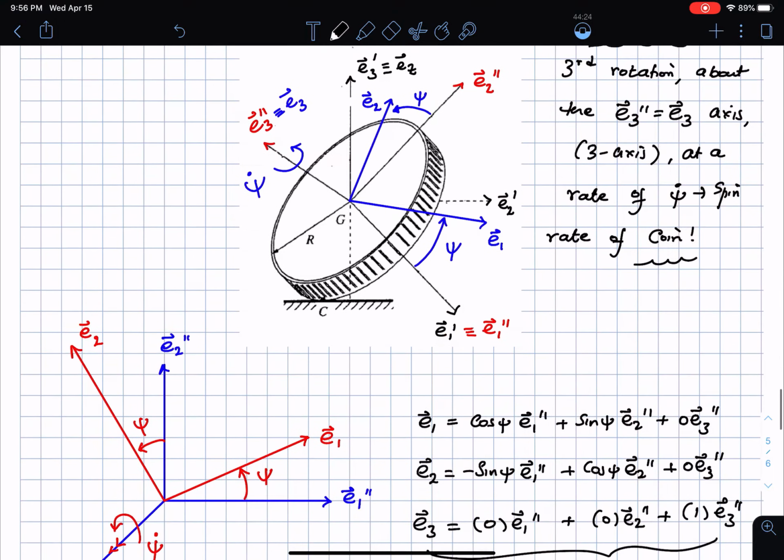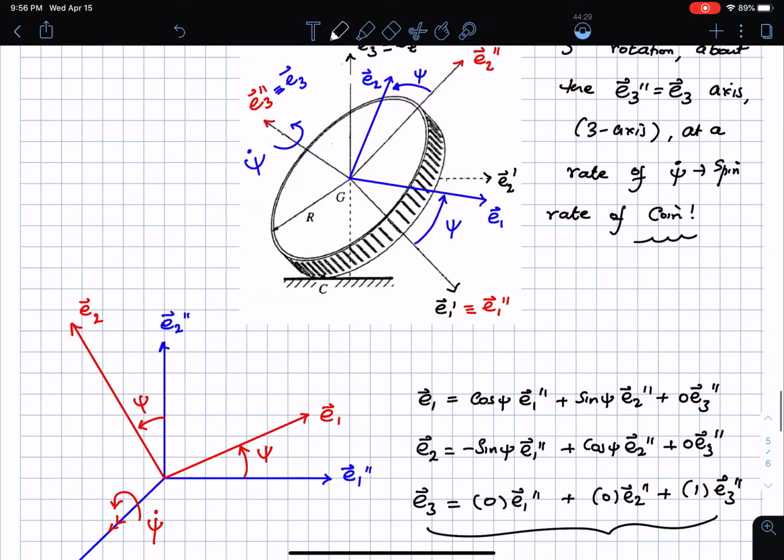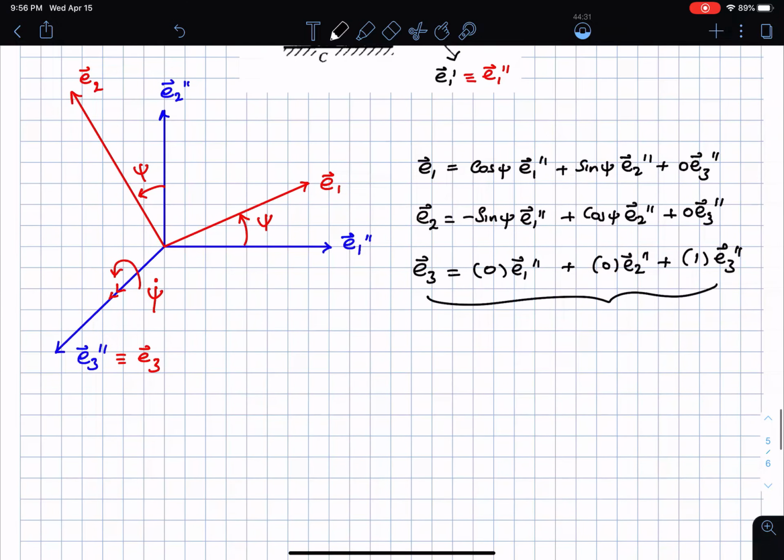All right, and once I have that, then I can write the matrix form of this transformation in the following way.